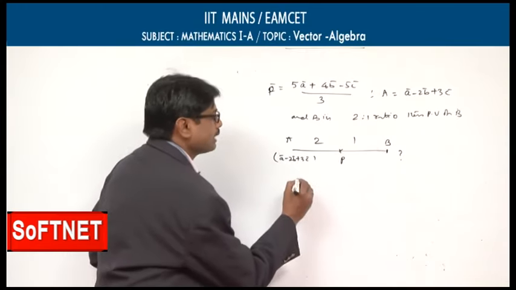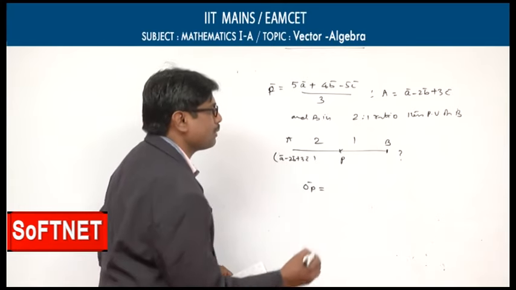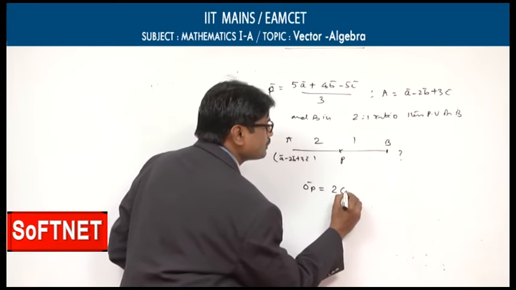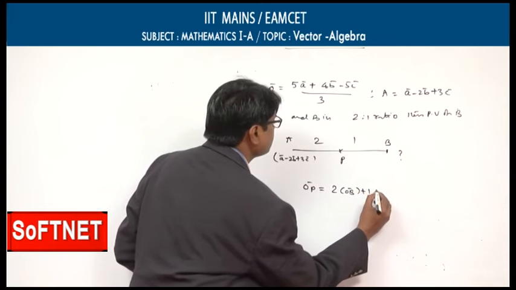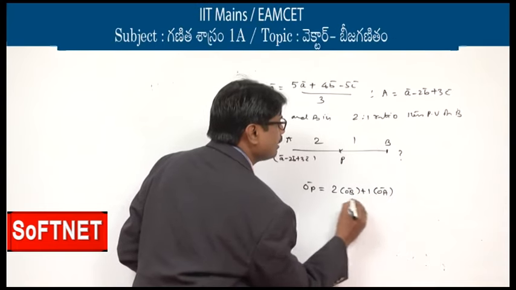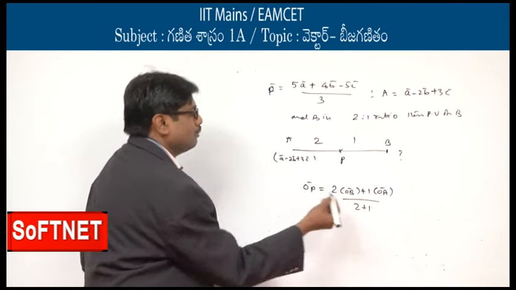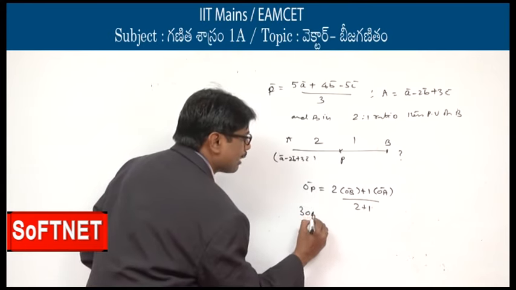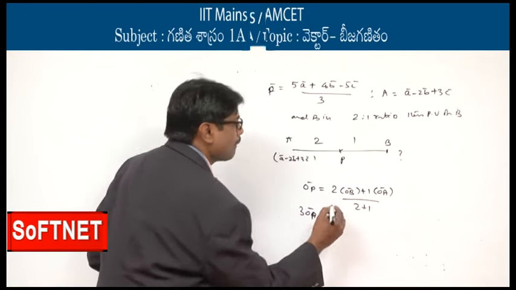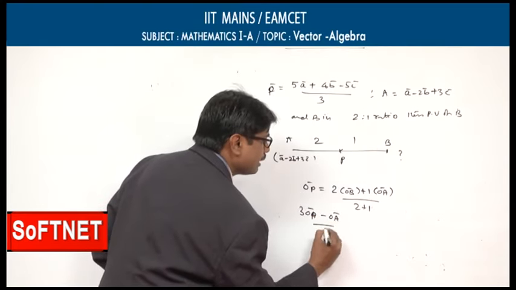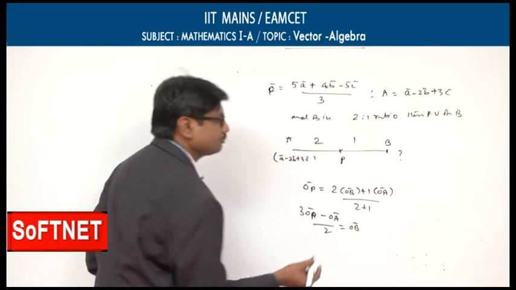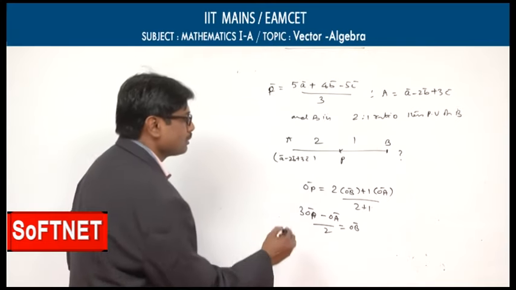So, according to the section formula, OP bar is equal to 2 times OB bar plus 1 times OA bar, divided by 2 plus 1. So 3 times OP bar minus OA bar, divided by 2, is equal to OB bar according to the section formula.